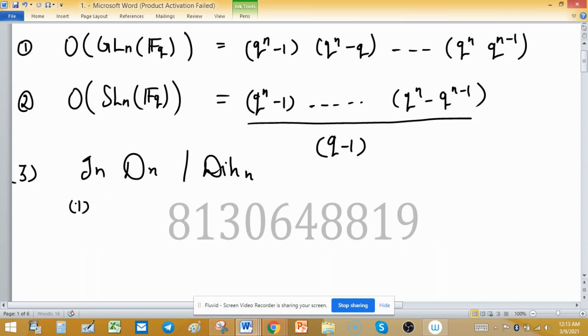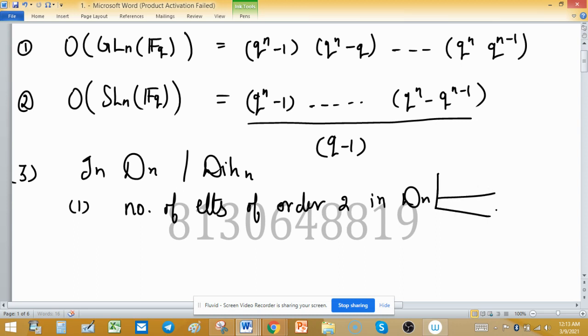First is the number of elements of order 2 in D_n, because D_n totally depends on n. If n is even, then the number of elements of order 2 is n + 1. If n is odd, then the number of elements is n.